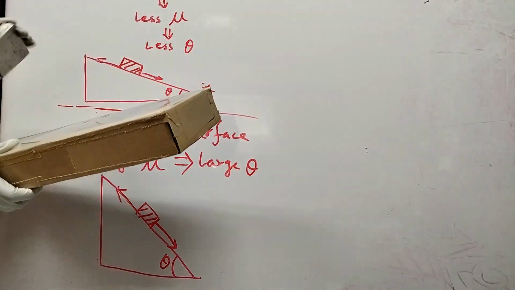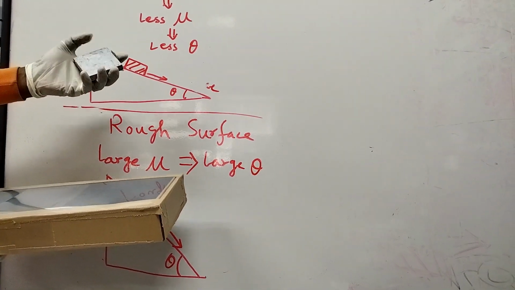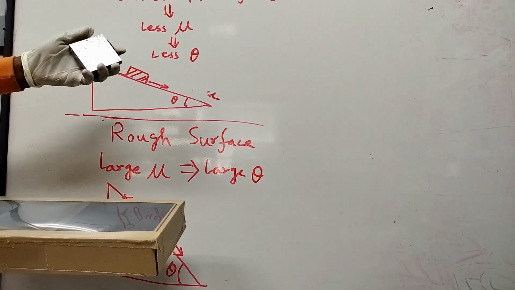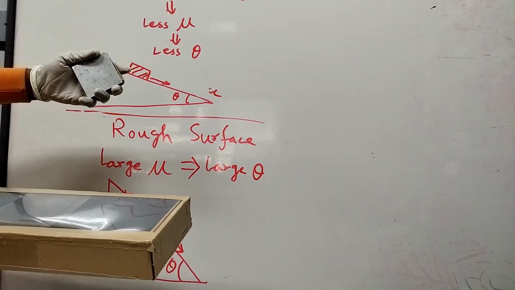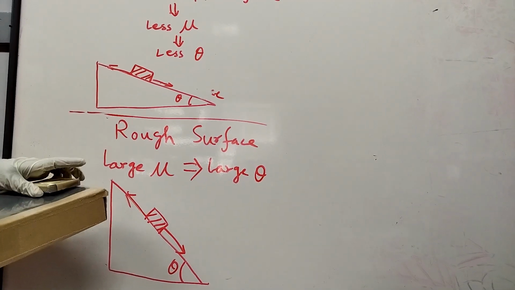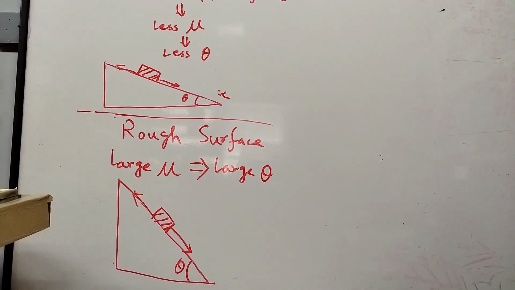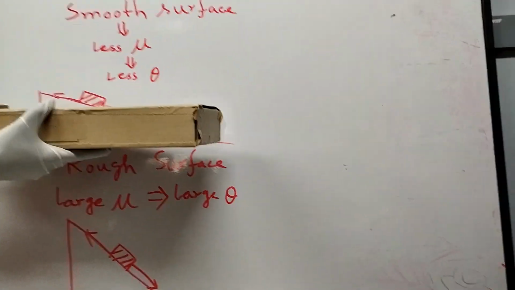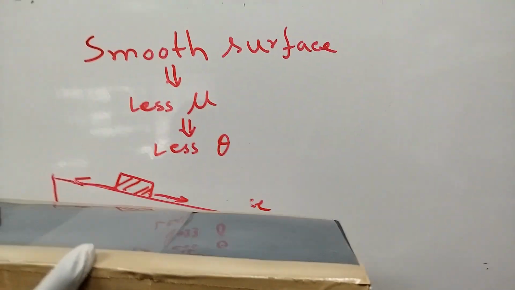The plastic covered surface is smooth, with small mu, and the black surface is rough, with large mu. I have the same object, which is an aluminum slab.